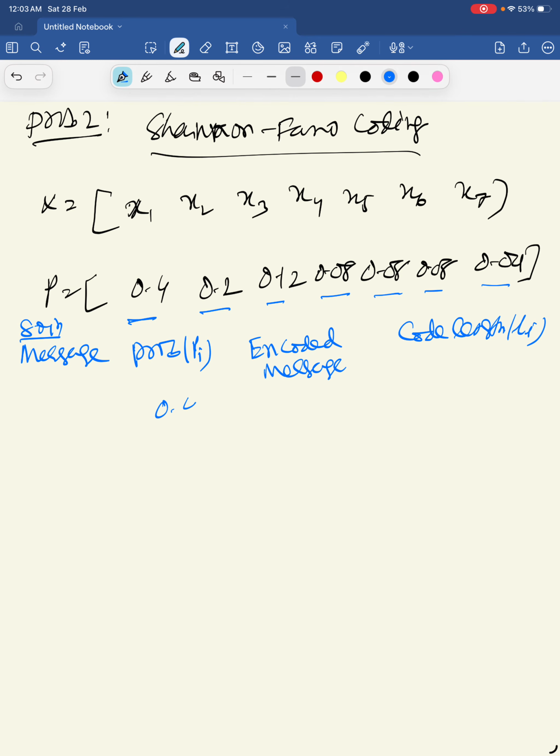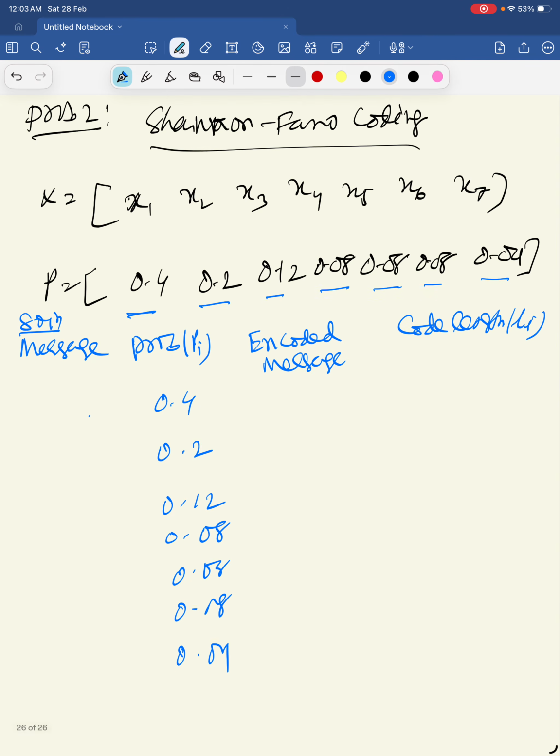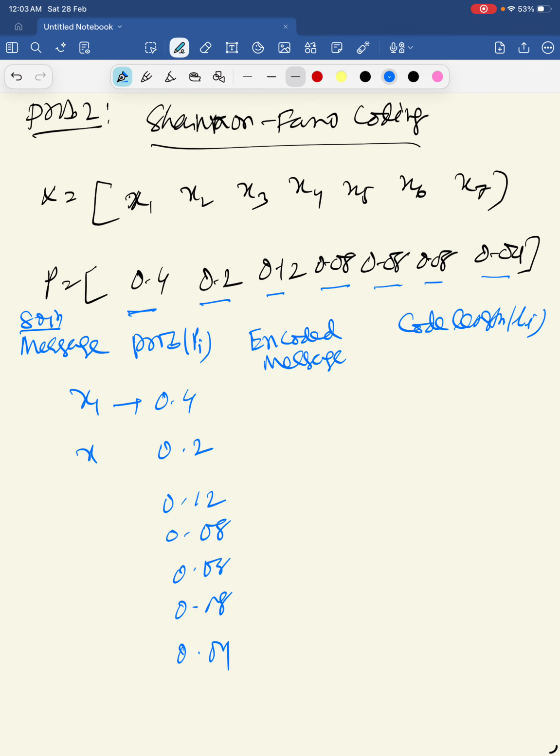I write the probabilities first: 0.4, 0.2, 0.12, 0.08, 0.08, 0.08, 1, 2, 3, and the last one is 0.04. So this is x1, x2, x3, x4, x5, x6, x7.